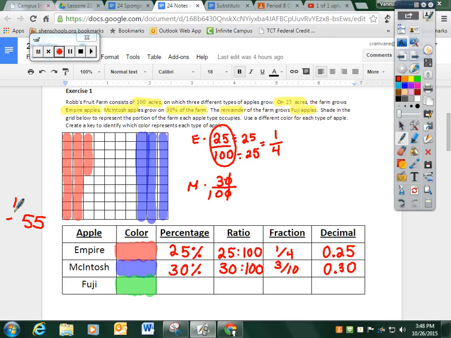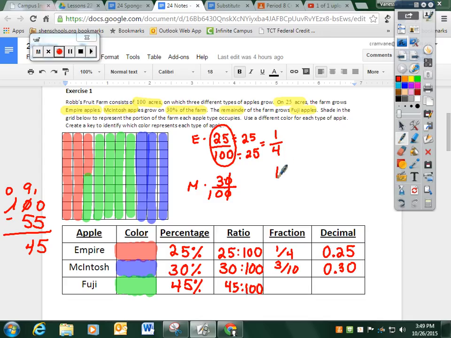And if I subtract that from the total of 100%, my Fuji apples should make up 45% of the farm. So let me see. I have 10, 20, 30, 40, 45%. Oh, great job. Now as a ratio, that is 45 to 100.